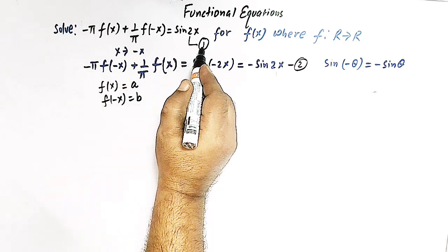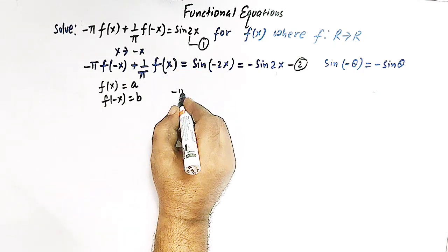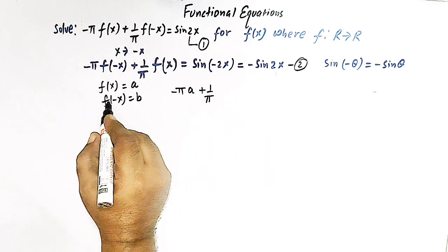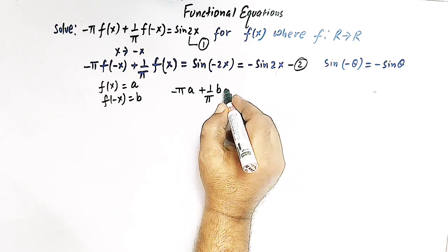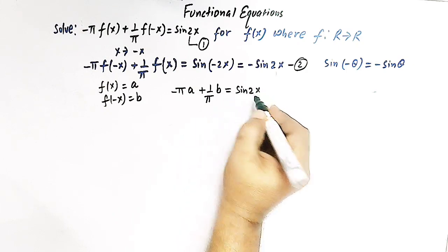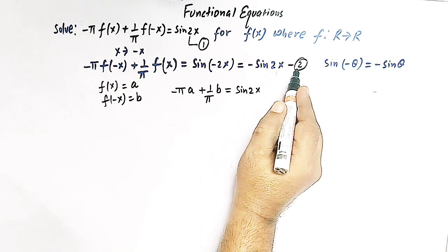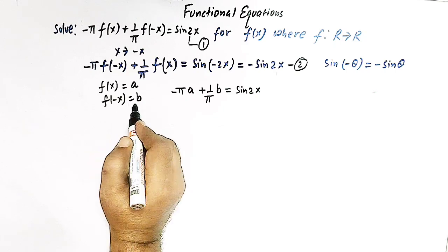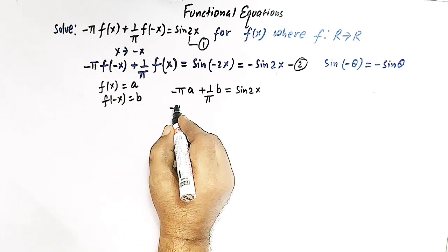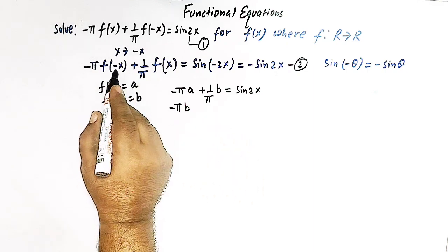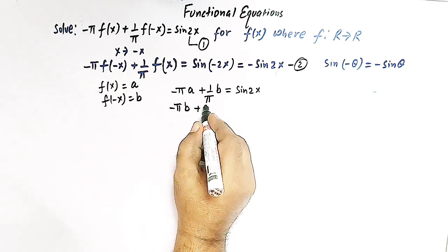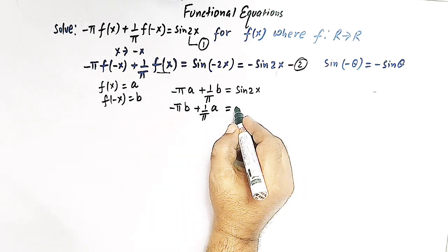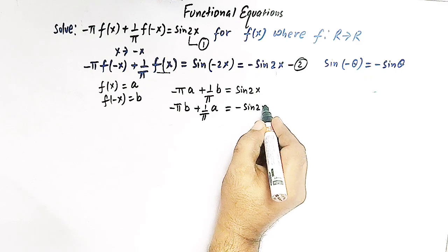So equation 1 assumes the form minus pi a plus 1 over pi b equals sine 2x, and equation 2 takes the form minus pi b plus 1 over pi a equals negative sine 2x.